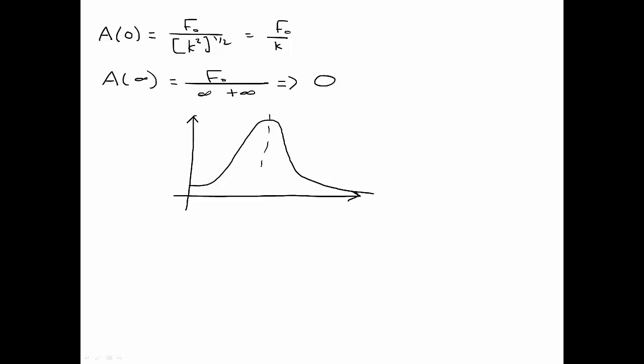So at omega naught equals the square root of k over m, the amplitude is at its maximum, and that maximum value is f naught over c omega naught. We're plotting amplitude as a function of omega. Where it intersects the y-axis, that's f naught over k, and it's just going to 0 out at infinity.